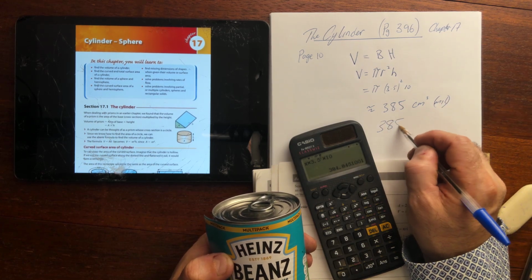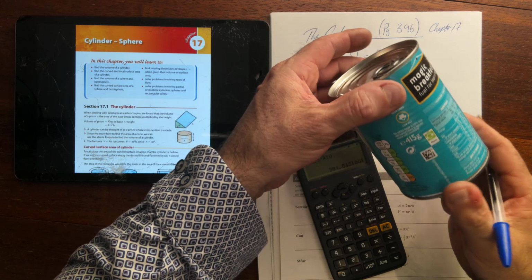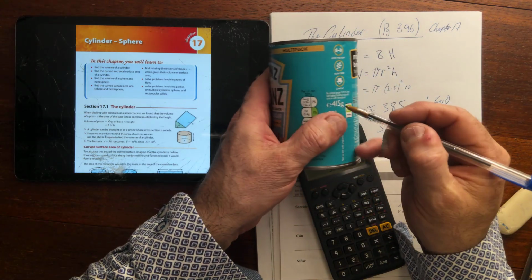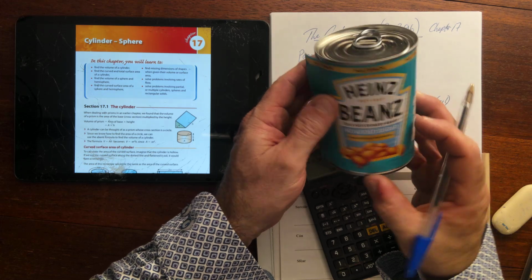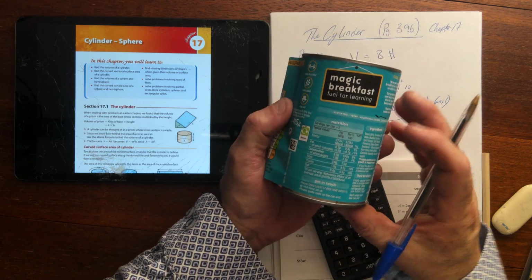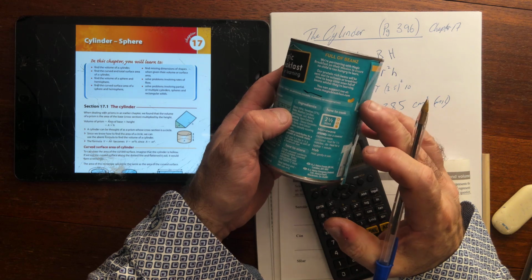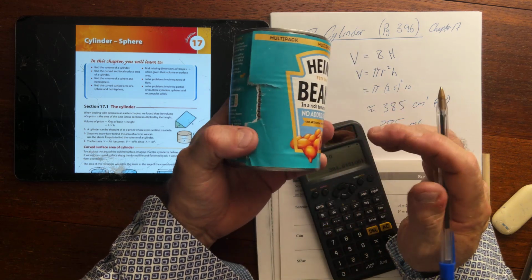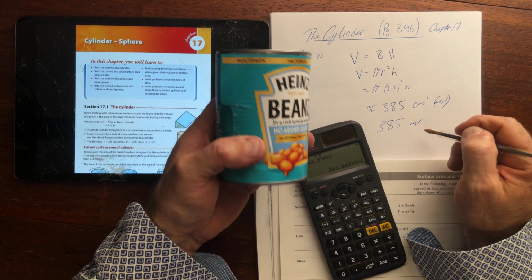So 385 milliliters. Now let's see, do they give the gram, okay, but do they give the volume? Maybe not, but then we could work out the density from knowing our calculation that it's around 385 milliliters, this tin.